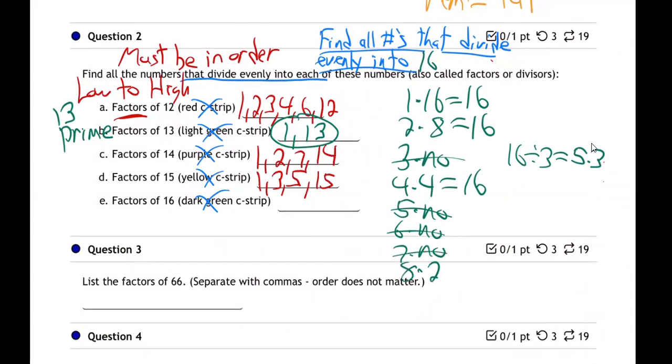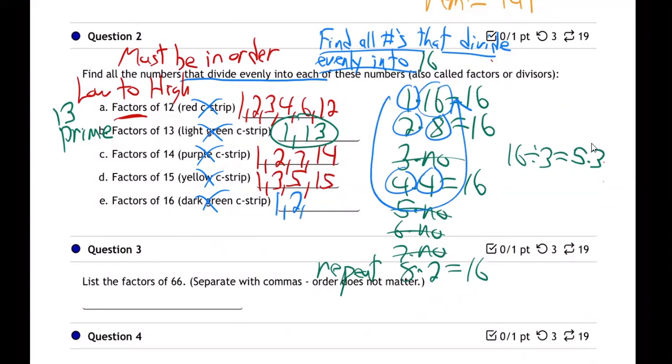8 times 2 is 16, but we're repeating. We've already got 2 and 8, don't we? So we're done. So what are our factors? 1, 2, 4, 8, 16. Again, go like a U. 1, 2, 4.